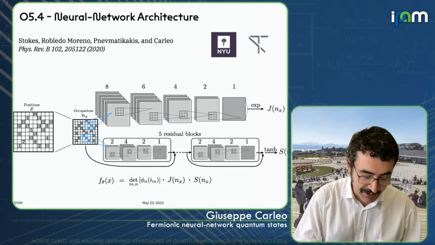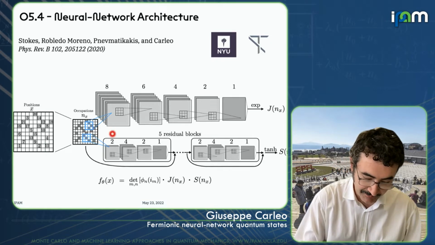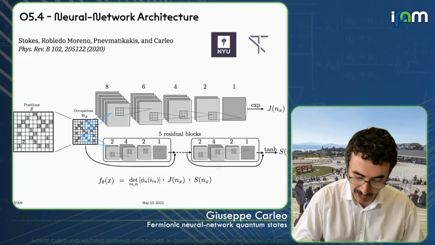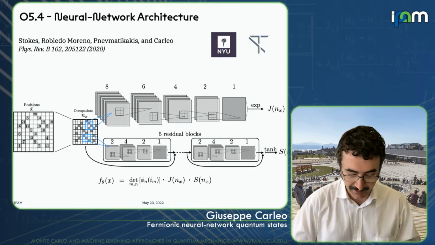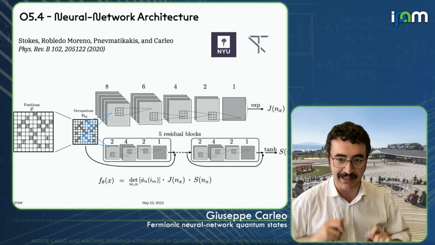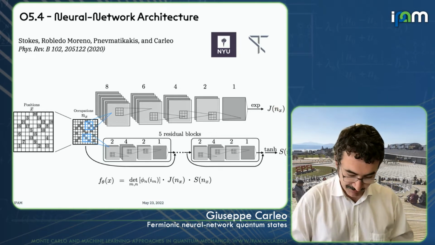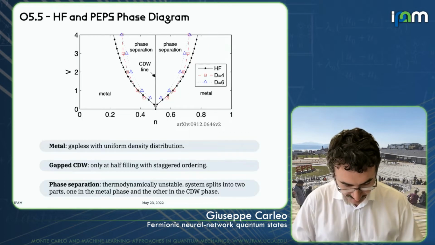And then, this is maybe a technical detail, we can use also this kind of recurrent neural network with residual blocks to represent both the sign and this Jastrow-like permutationally invariant correlator that we have in the wave function.